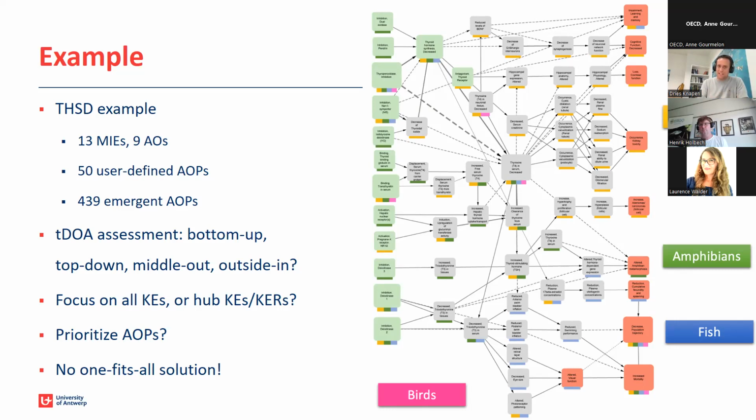Because the real challenge, again, is these emergent AOPs. You can see that we have 50 user-defined AOPs in this network, but 439 emergent AOPs. So the total number of actual AOPs in this network is nearly 500. That's a real challenge, and we had to think about a conceptual approach for defining the taxonomic domain of applicability of the overall network.